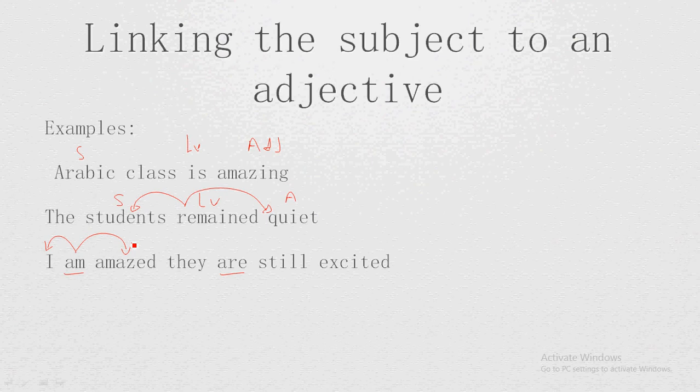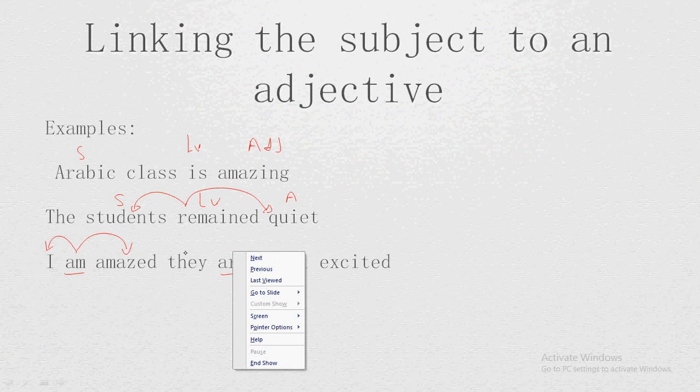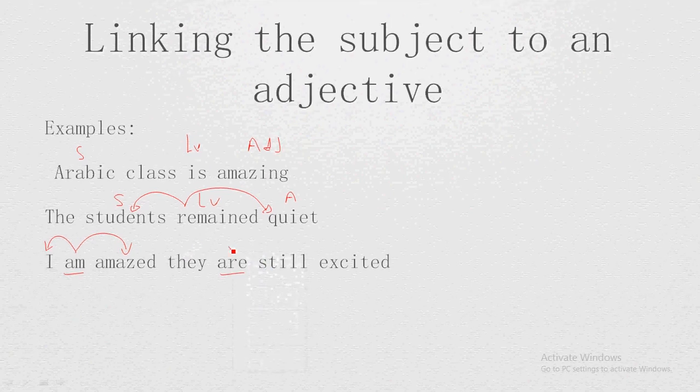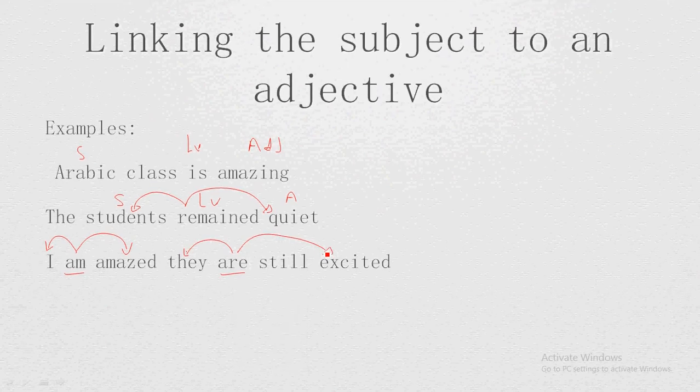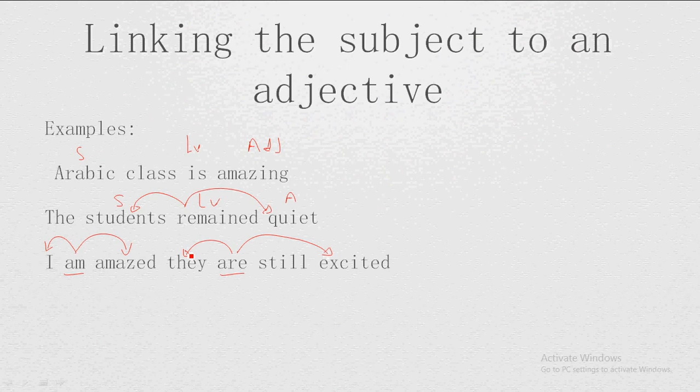The second linking verb here is are. Are is linking the subject, which is they, the pronoun, to excited.